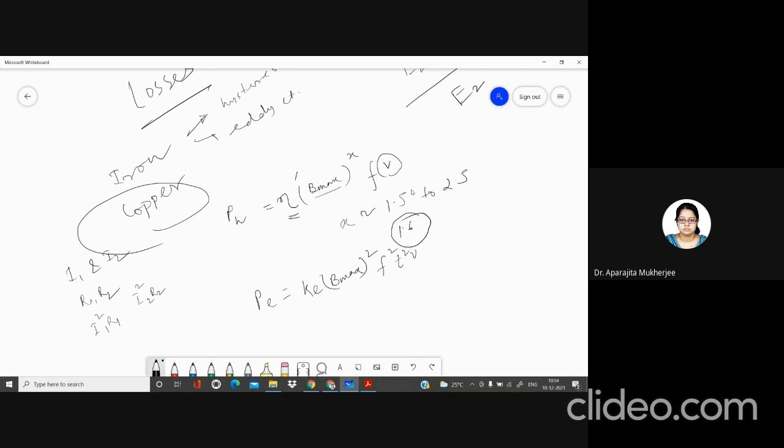So the total copper loss will be I1 square R1 plus I2 square R2, and these losses vary accordingly. So these are all the losses of the transformer.